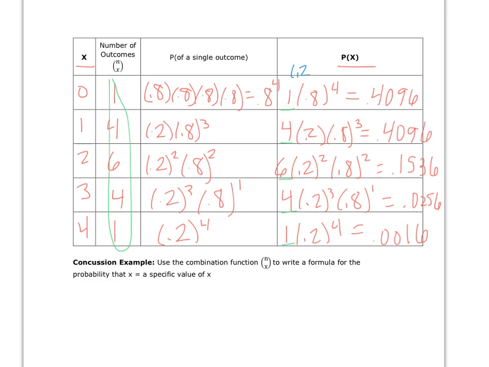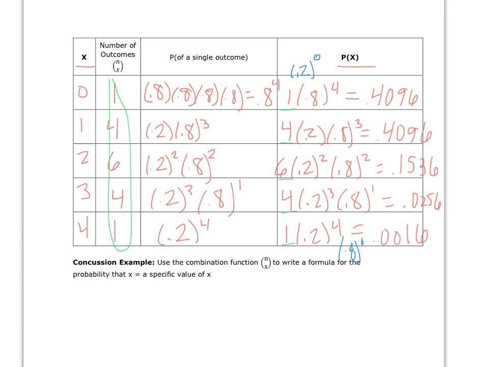I'm just going to put this up here. If we had an exponent of 0, anything with an exponent of 0 is just 1. So we can also include down here the 0.8 with an exponent of 0.